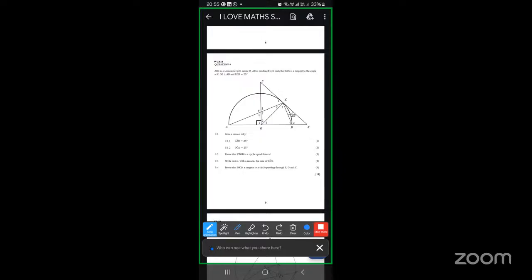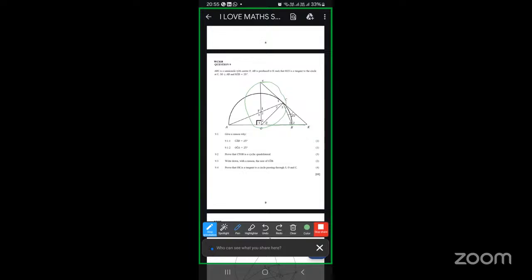Okay, we can go to 9.4, which is the last question of question 9. Prove that OK is a tangent to a circle that passes through S. Okay, interesting.